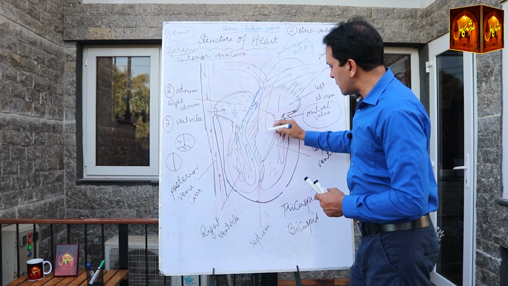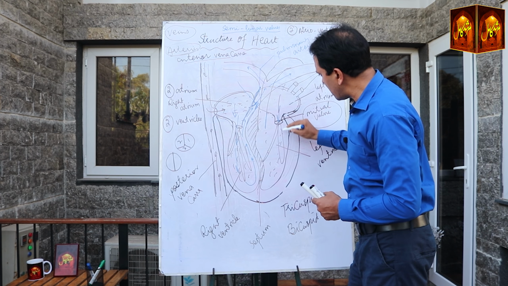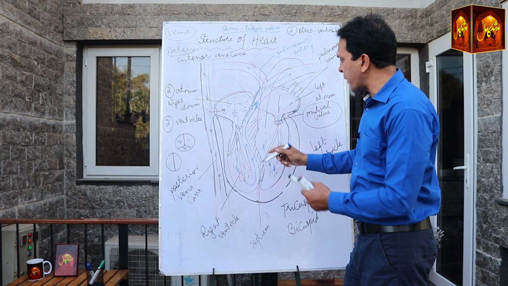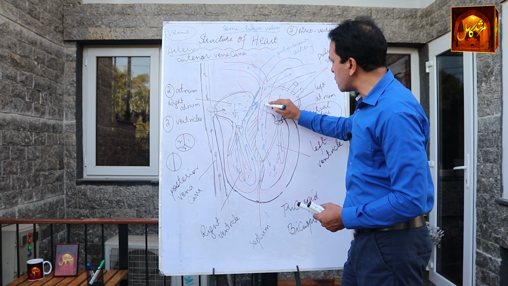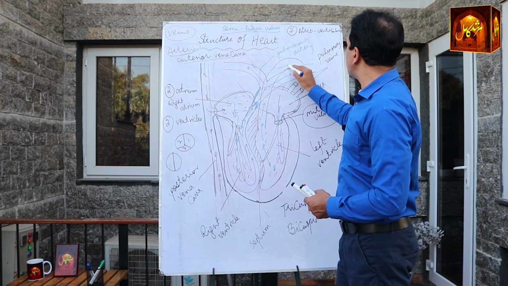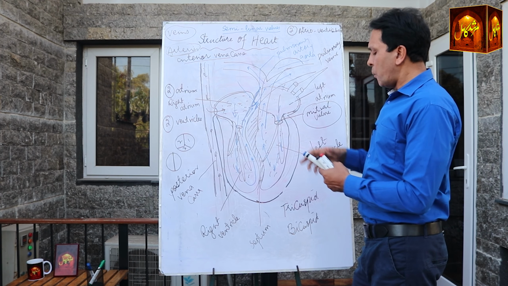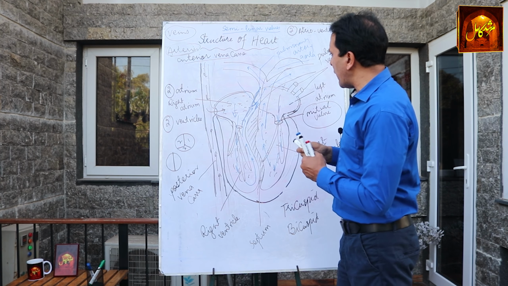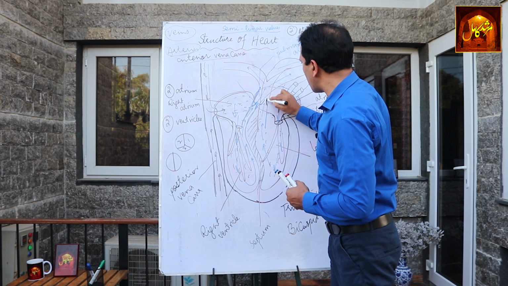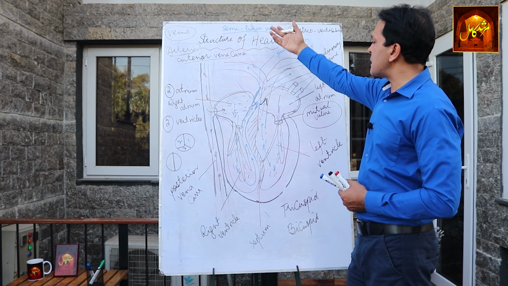On the left side, when the blood moves into the left chamber, the ventricle, when it contracts, the blood enters into an artery that is called the aorta. This is the aorta. When blood enters into the aorta, again we have a valve over here. This is called the aortic valve or the semilunar valve.